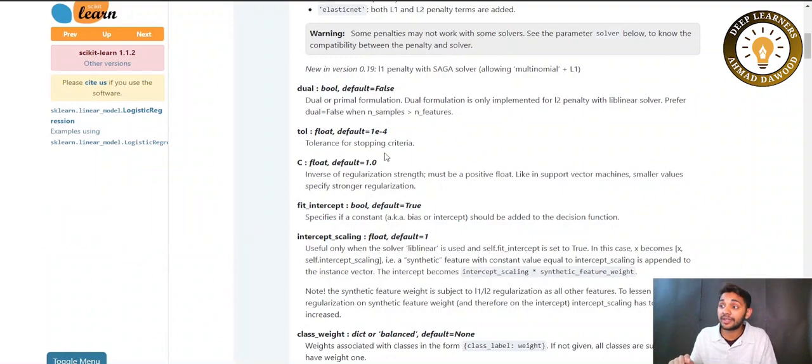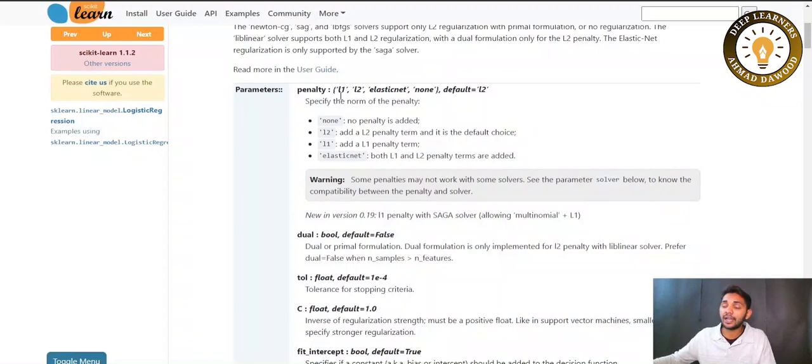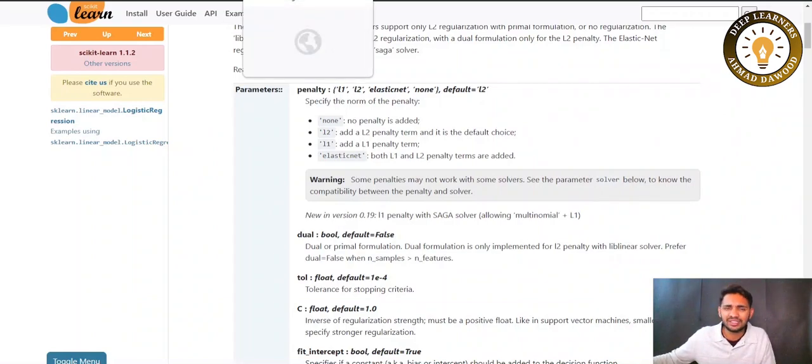Here another parameter C. Maybe some of you have a question in your mind: when we are adding our penalty in our cost function, we have discussed a parameter with our penalties, like alpha or lambda. We have given these names.